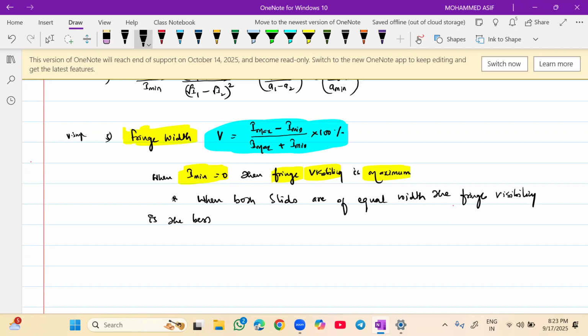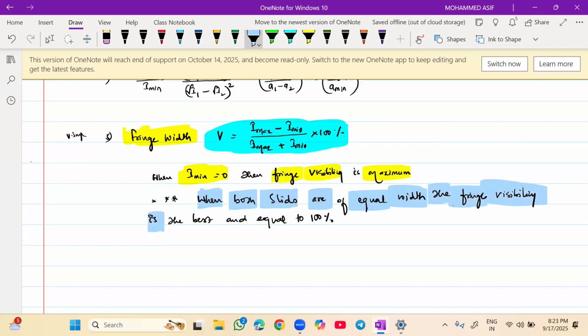I can say it is the best, and equal to 100%. Important point: when both these slits are of equal width, the fringe visibility is the best, and it is equal to 100%. Am I clear?